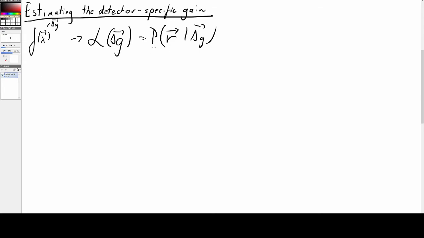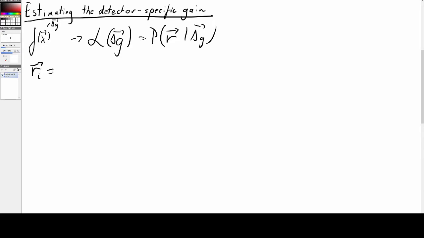And in order to explore what this looks like, when we touched upon this before, I briefly mentioned that this is a Gaussian in delta G, or in the gain. Now we want to look at the function itself, just what it looks like functionally. So let's write down, let's keep it as a vector in time, but for a given detector.